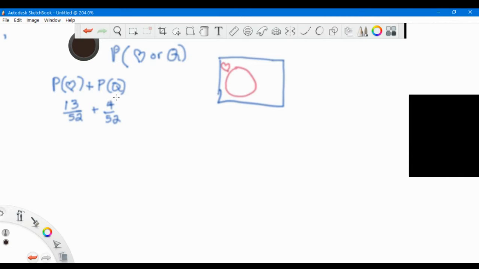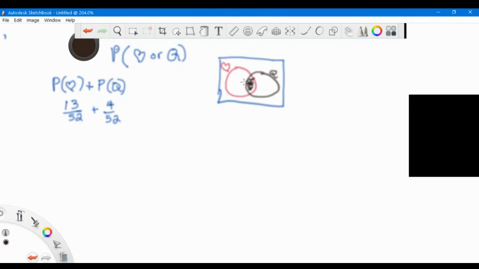If I put the queens separate, like over here, that wouldn't be true because there does exist a queen that's a heart. Actually, it is the queen of hearts. So that has to go in both sets. These are the queens.